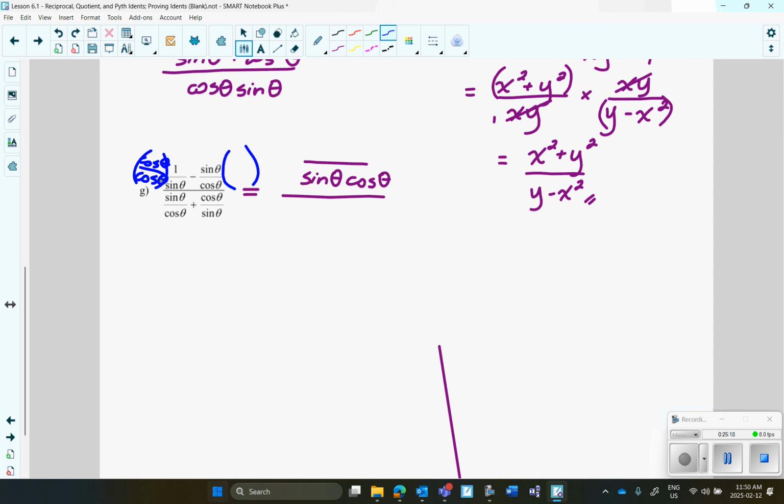Second one, sine theta over sine theta. And that's going to give me, yeah, cos theta minus sine squared theta. Good.